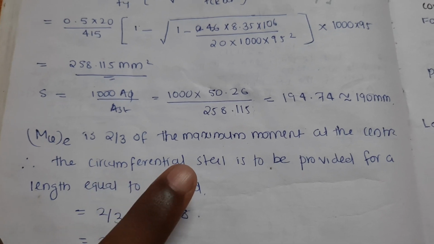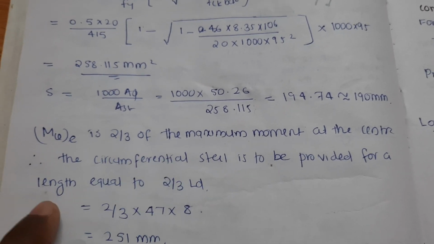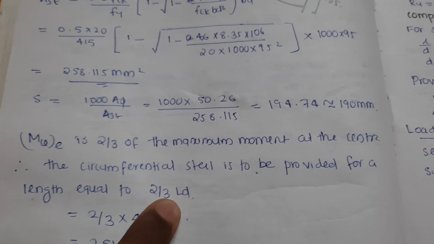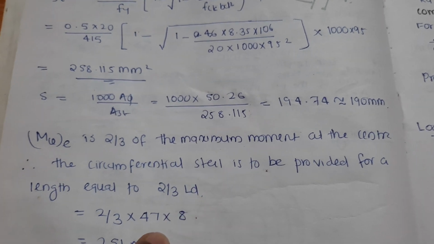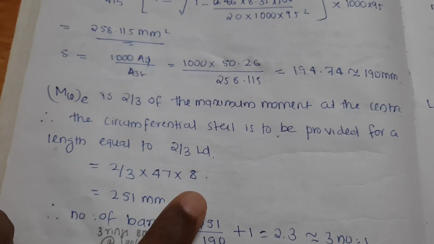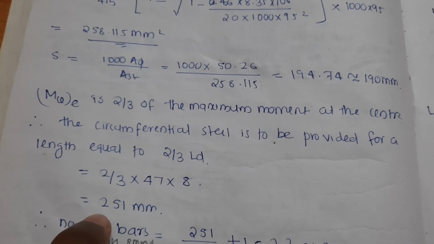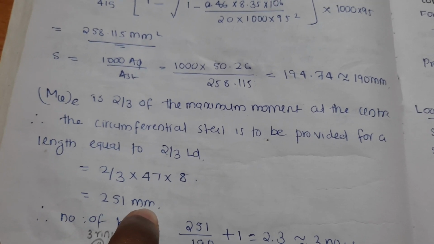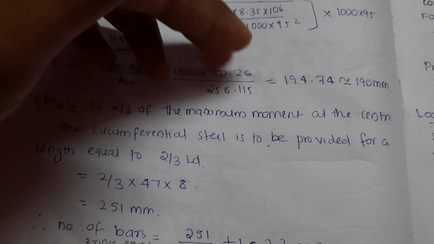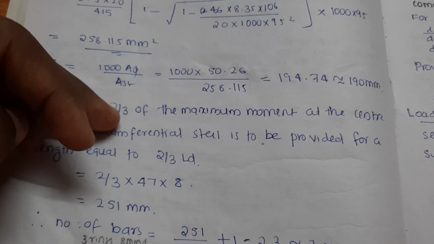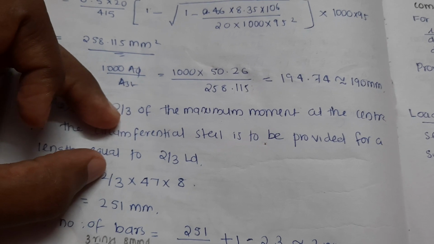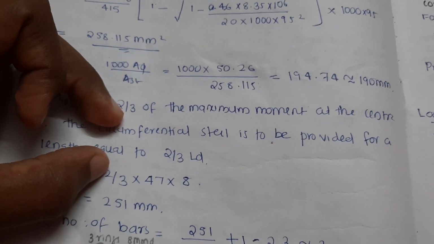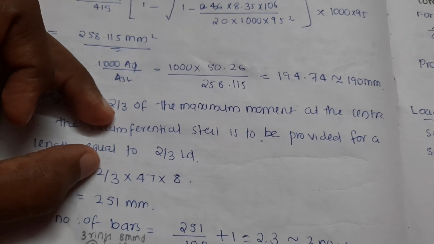Therefore, circumferential steel is to be provided for a length equal to 2/3 Ld. Ld is the development length, that is 47 into 8. So 2/3 into Ld, that is 251. So from the circumference, 250 mm distance, we have to provide the circumferential reinforcement.